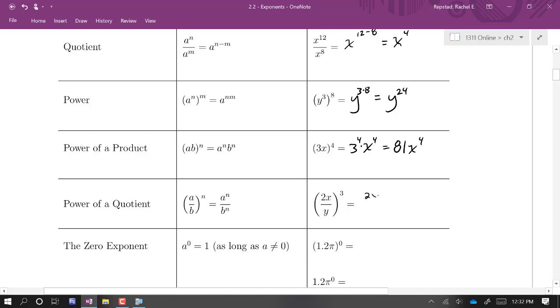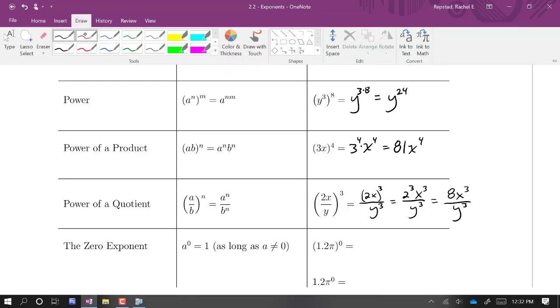So we have 2x all to the 3rd over y to the 3rd. And now up top, we have a product to the 3rd power, so we're going to go back and use that previous property. 2 cubed x cubed over y cubed. And we can evaluate 2 cubed. That gives us 8. So we have 8x cubed over y cubed for our simplified expression.